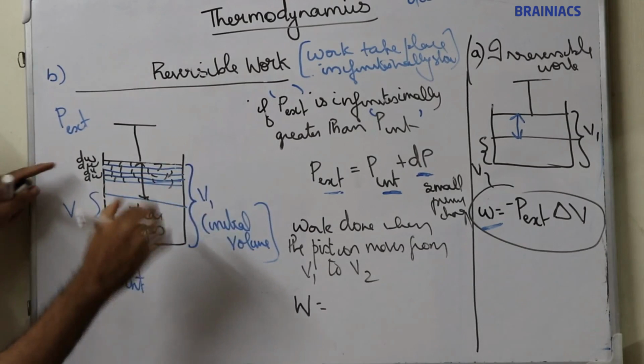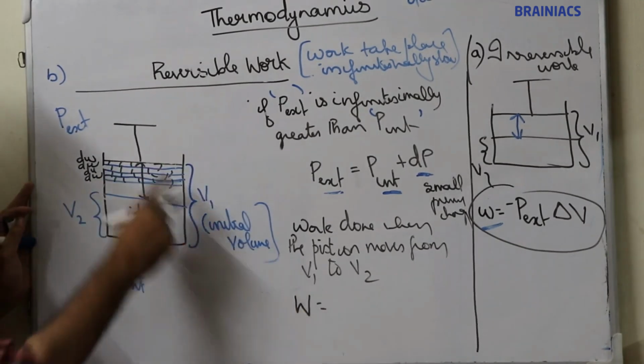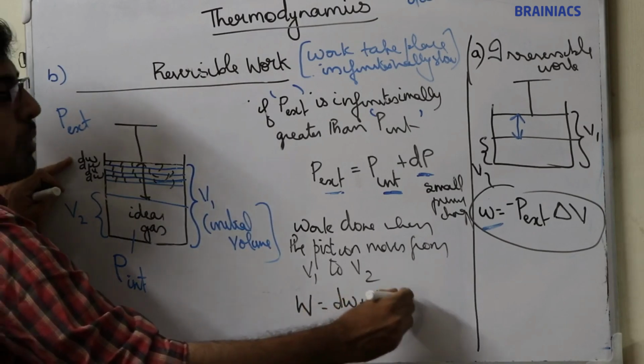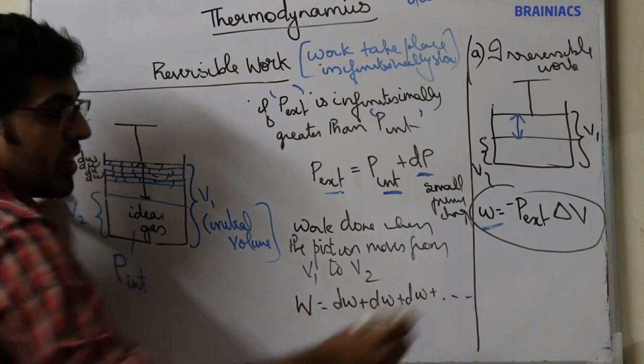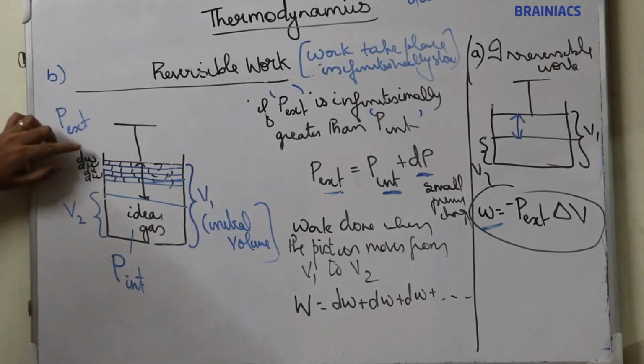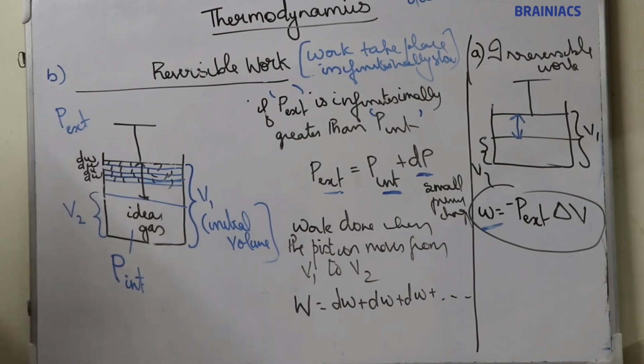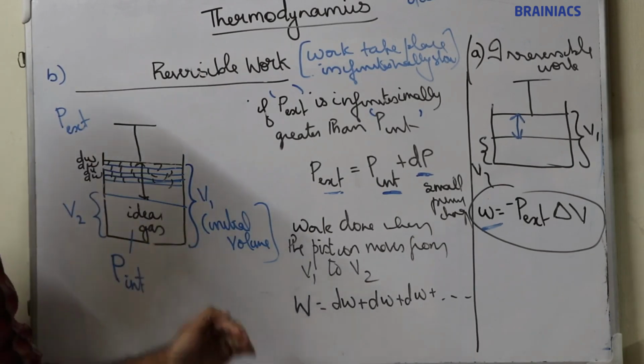We have to calculate the whole work from V1 to V2. Total work is equal to dW plus dW plus dW plus and so on. We have to add all the work done during each step. I think it's clear till here.